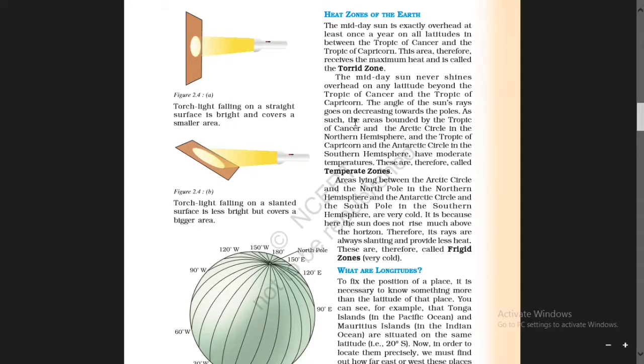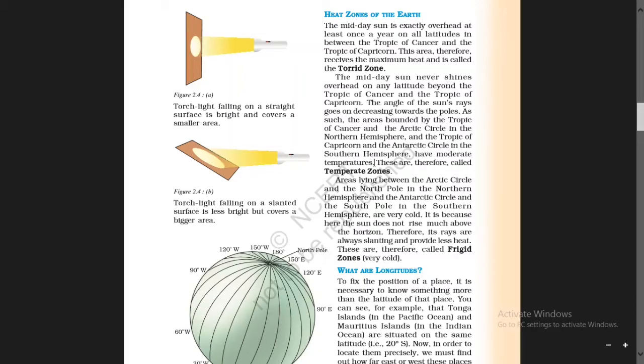As such, the areas bounded by the Tropic of Cancer and the Arctic Circle in the northern hemisphere and the Tropic of Capricorn and the Antarctic Circle in the southern hemisphere have moderate temperatures.